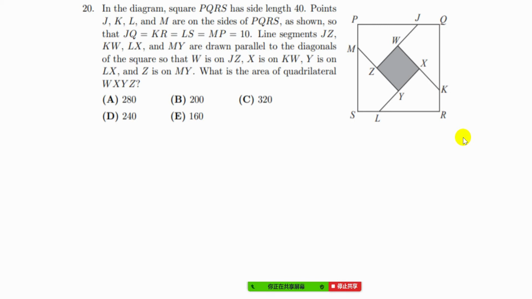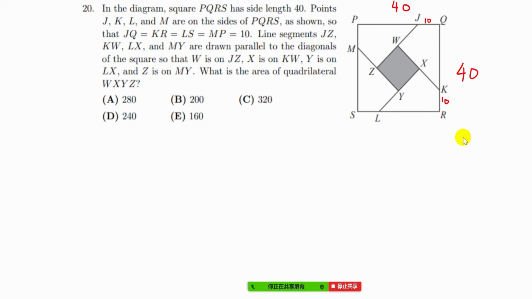So we know that the square PQRS has side lengths 40, and then JQ, KR, LS, and MP all equal 10. So this would be 10, and this would also be 10. And then this QR would be 40.